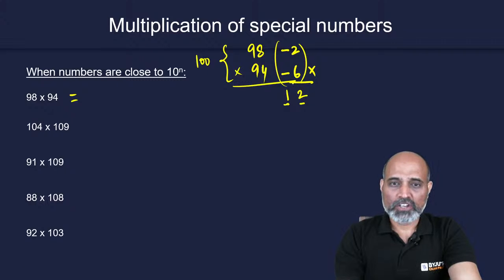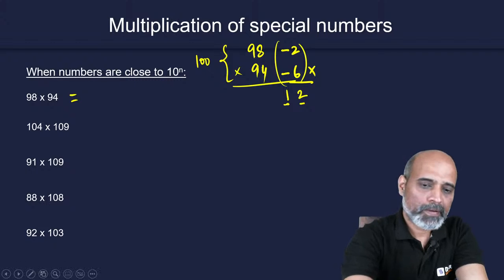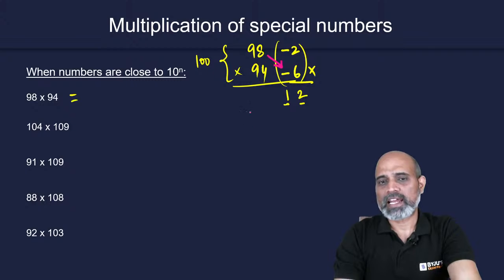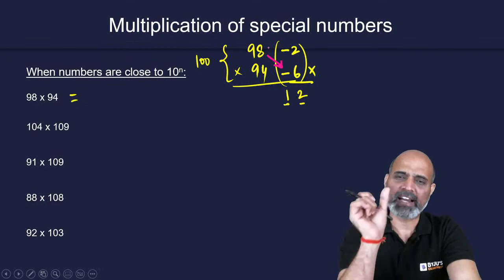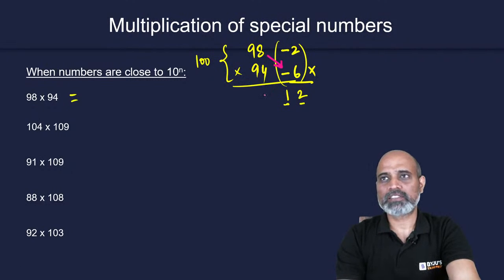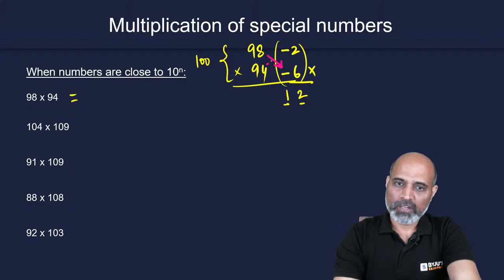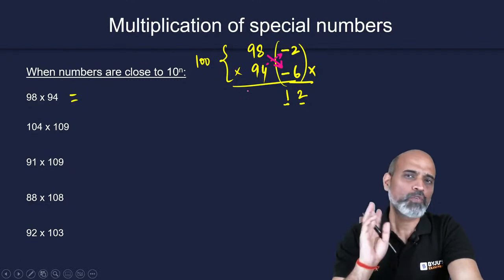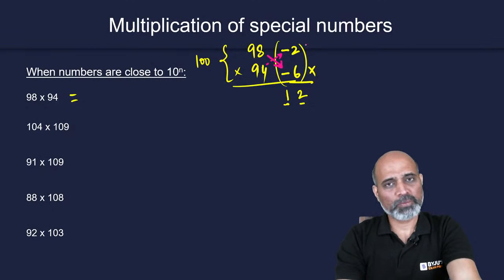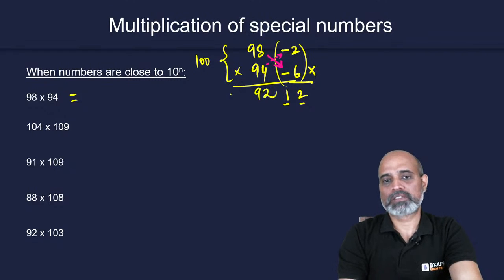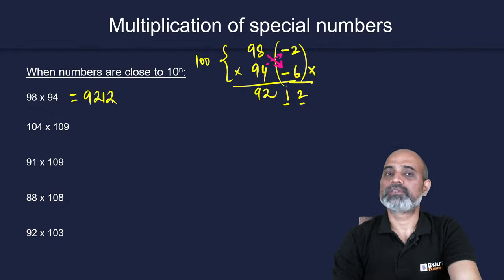Next, you are going to do ये वाला calculation. 98 minus 6, multiply नहीं, simply add these two numbers. 98 and minus 6, if you add them, what do you get? 92. और ये वाला कर लो, कोई भी एक कर लो, you will do one of these two. 94 minus 2 is going to be what? 92. So you get 92 as the remaining digits. So 9212 is your answer.